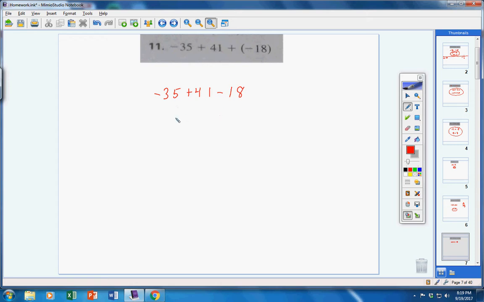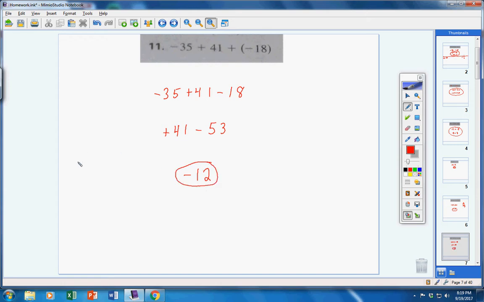Now, add up all my positives. That's 41. Add up all of my negatives. That's negative 53. So, I have 41 to the good. I owe 53. Pay off your debt, and you're still left with a negative. It would be negative 12.